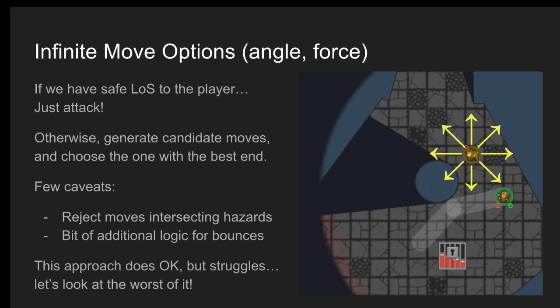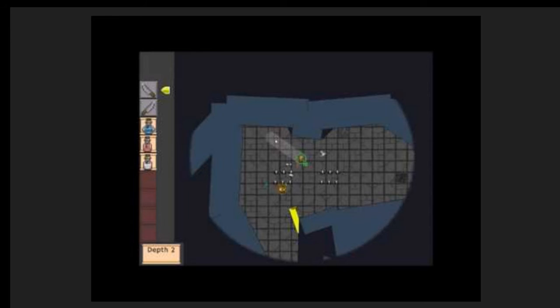We reject any moves that intersect with hazards, so there are a lot of traps in this game, and finessing around spike traps is a dominant theme, more than I intended. So this approach does okay. It struggles, and so I thought I would include this little video here, and we can see it in action. But let me tell you what's going to happen, so you can know what to watch out for.